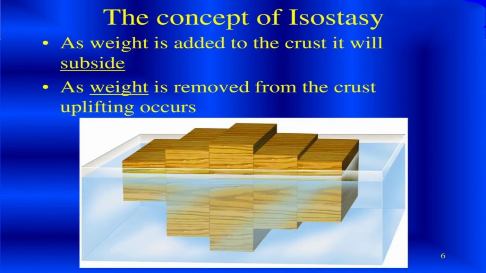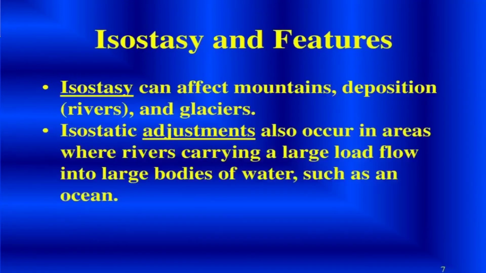The construction of Bhakra Dam is another example of isostatic adjustment because the added weight of water and sediment in the Gobind Sagar reservoir was sufficient to cause measurable subsidence. In brief, the concept of isostasy depends upon the model of the earth's crust in which lighter continental masses float on a denser substratum.